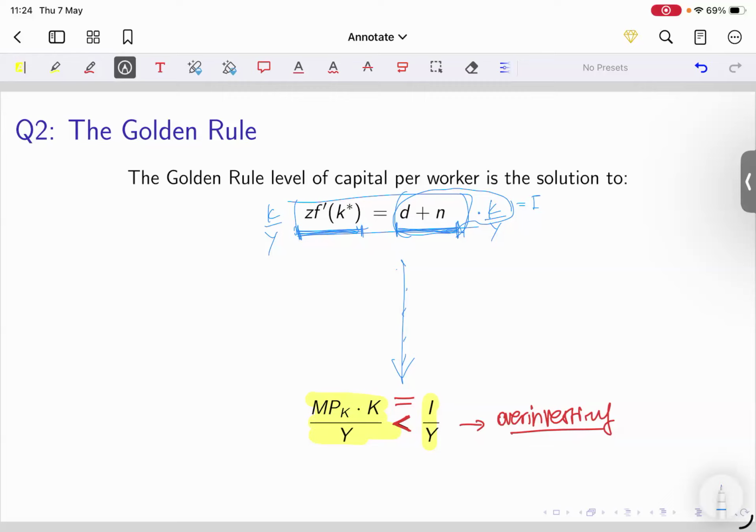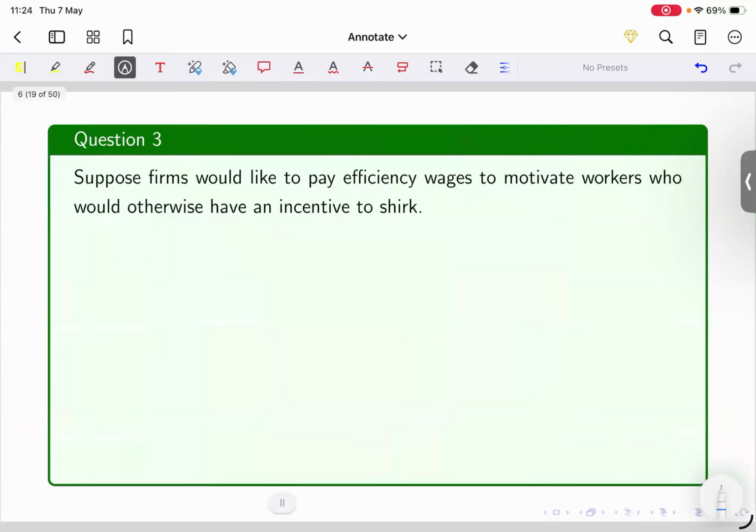Now, moving on to our third short question before we tackle the longer one. Again, same structure. Immediately, we have the theoretical framework of reference. Suppose a firm would like to pay efficiency wages to motivate workers who would otherwise have an incentive to shirk.